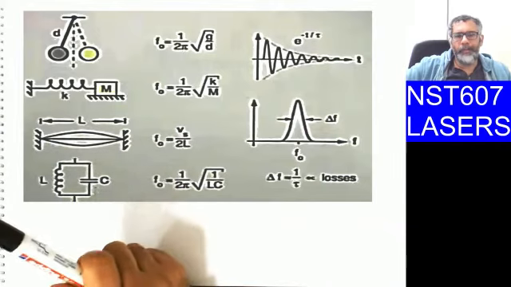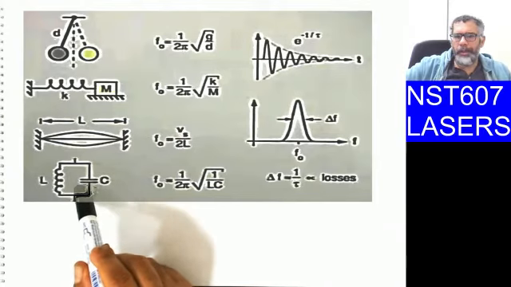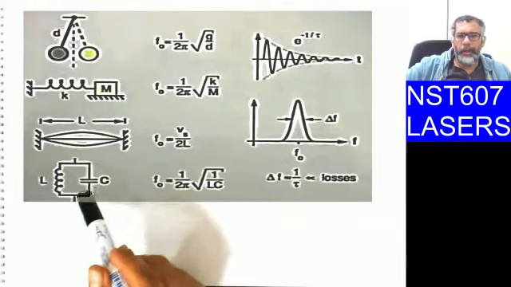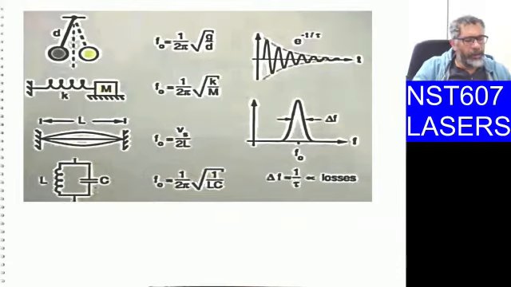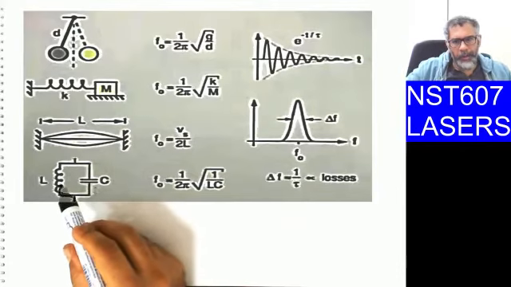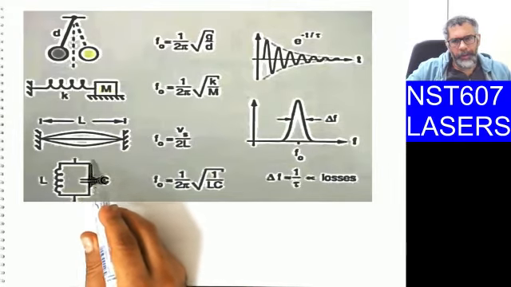Okay, and the last example is just an LC circuit. It's an electrical circuit, and suppose the cable connecting the capacitor and the inductor has very small resistance.